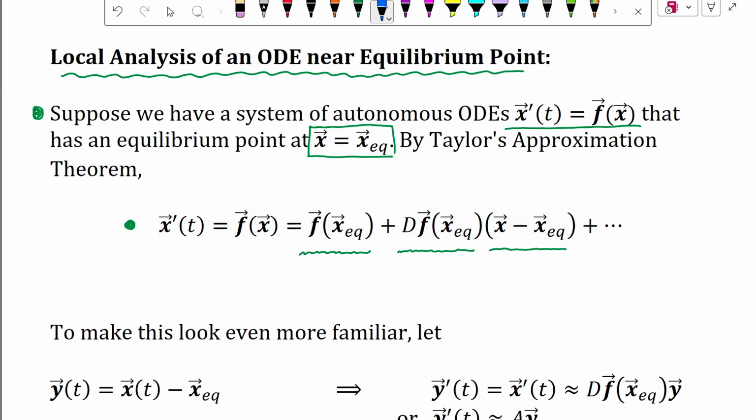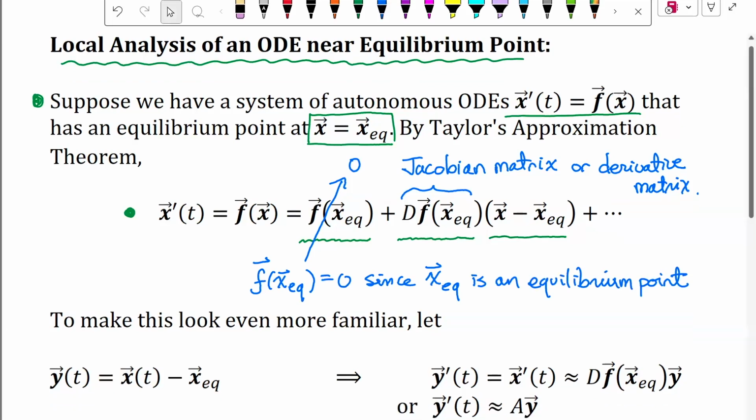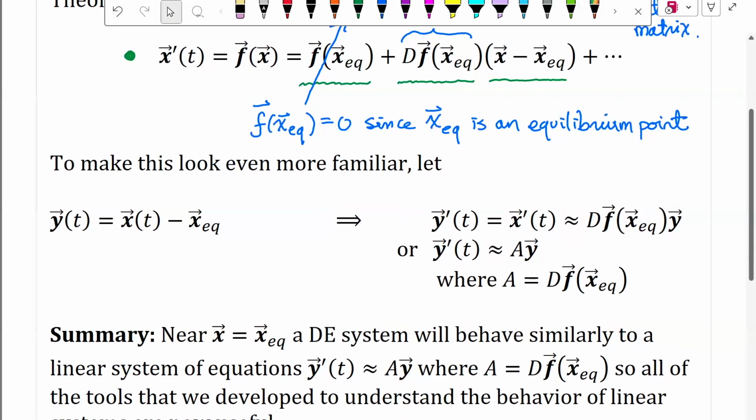Notice a couple of things. By definition, f evaluated at the equilibrium point is going to have to be 0. So the first term we're left with is this Jacobian matrix term. The Jacobian matrix is simply a matrix of partial derivatives. Now, writing this in somewhat more familiar terms, let's define y to be the difference between x and its equilibrium point.